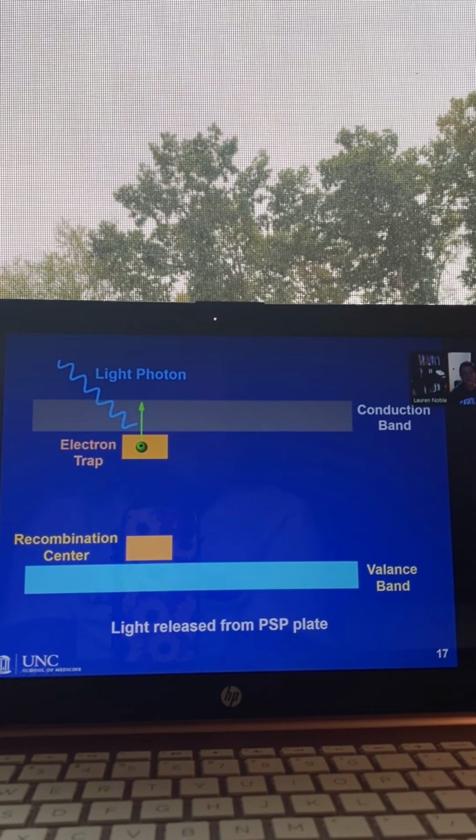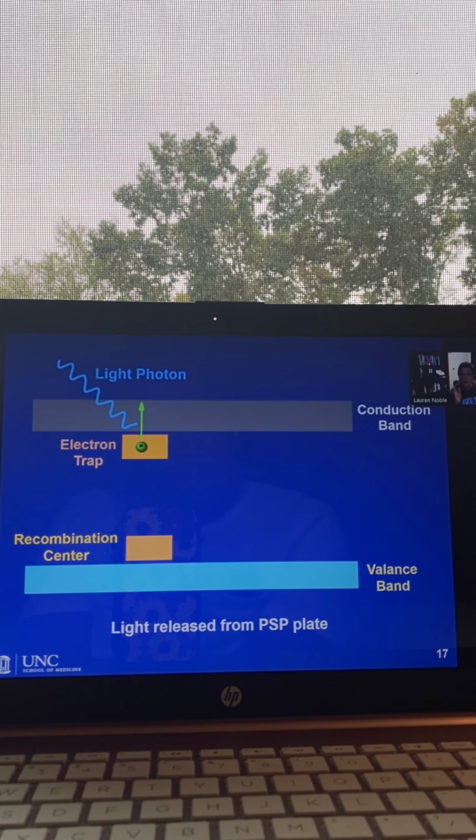So our image data started out as X-rays, and got converted into electrons. Now when that laser scans these electrons, they come up out of their trap, and as they lose energy, they give up light. So now our image data is in the form of a light photon. Are you with me so far with those steps?